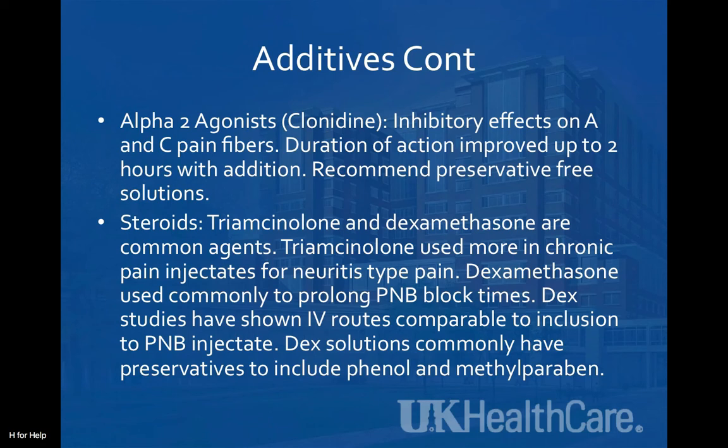Interestingly enough, a couple of studies that came out of Britain, around 2009 to 2011, were able to demonstrate that using the IV route was comparable to using dexamethasone within the solution injected for the peripheral nerve block. That was an interesting segue and a pleasant surprise to have found.